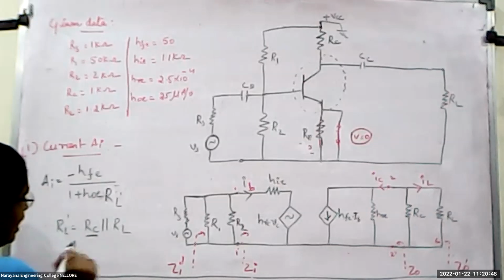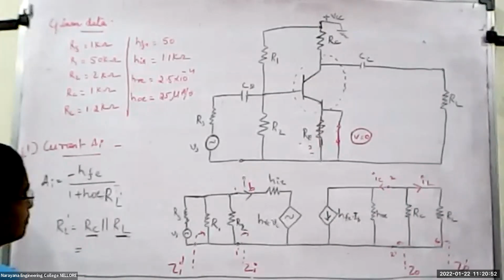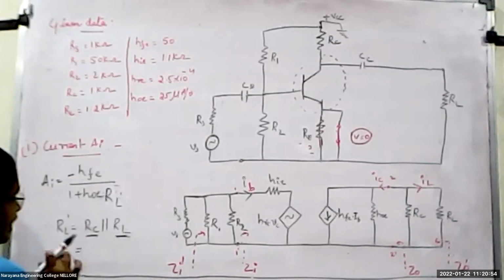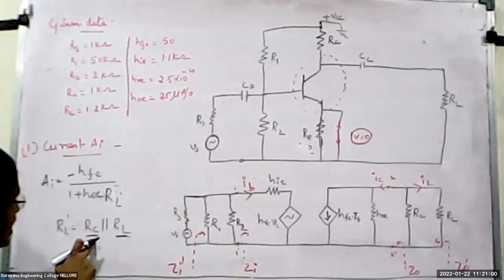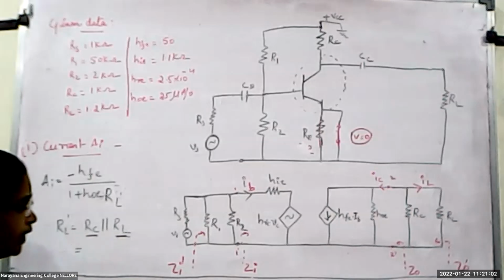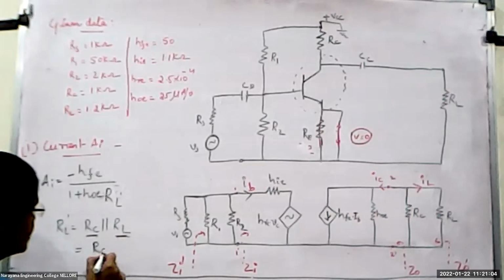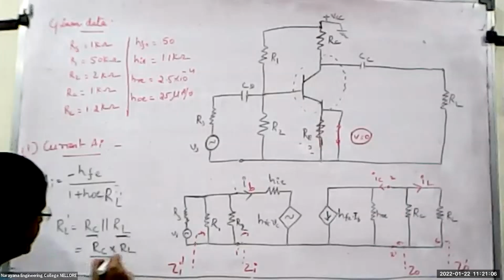You know the RC value, you know the RL value. Calculate this RL dash. RC parallel with RL means you can write RC into RL divided by RC plus RL.